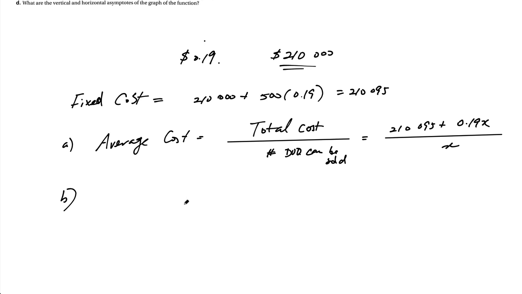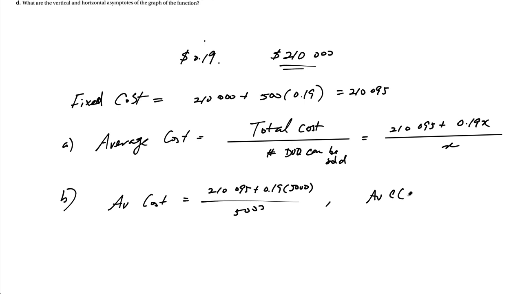What is the average cost if 5,000 discs were produced? So average cost for 5,000 is just replacing X in this formula with 5,000. And then average cost for 15,000, just replacing X with 15,000.